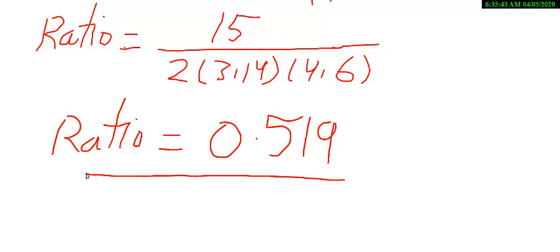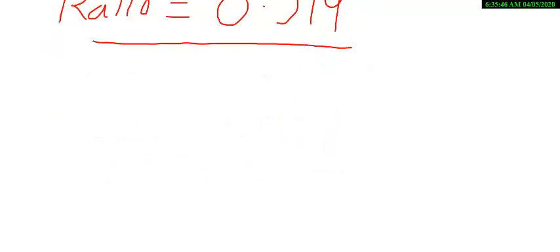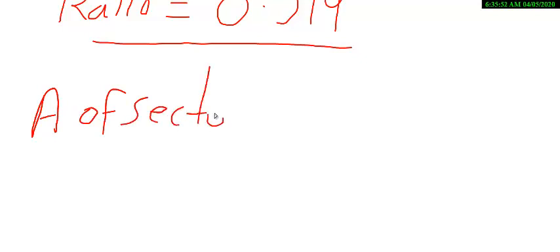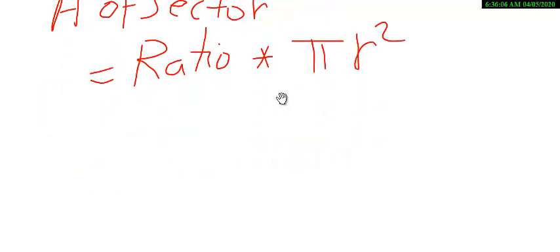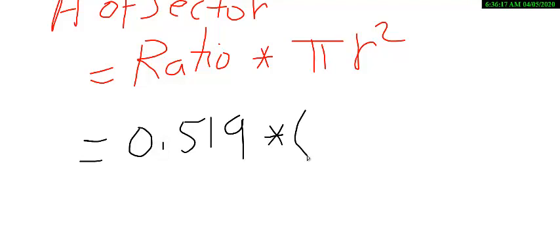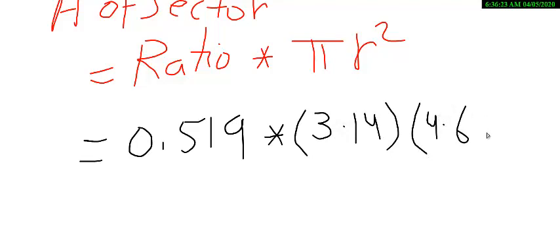To find the area, the area of the sector will be the ratio multiplied by pi r squared, which is the area of the given circle. So the area equals 0.519, this is the ratio, multiplied by pi, which is 3.14, multiplied by r squared, which is 4.6 to the power of 2.